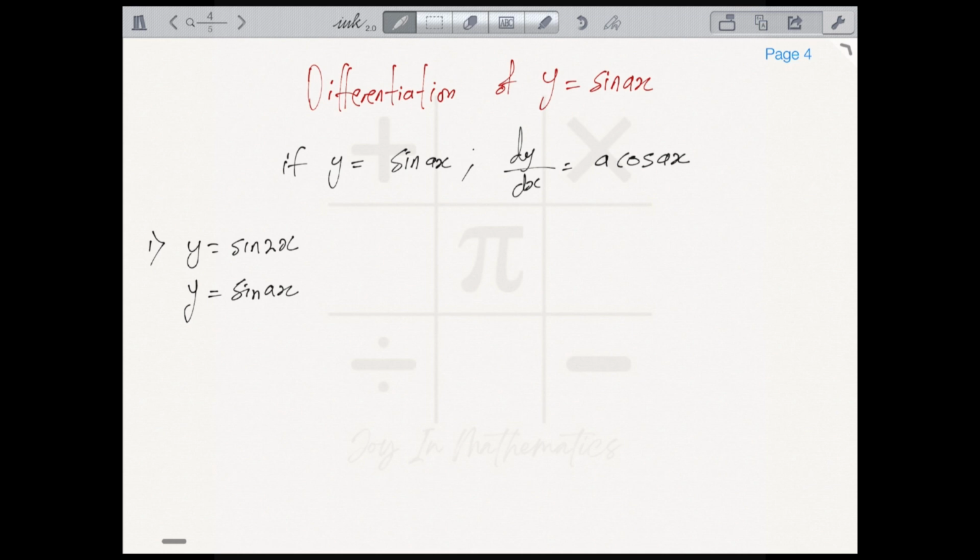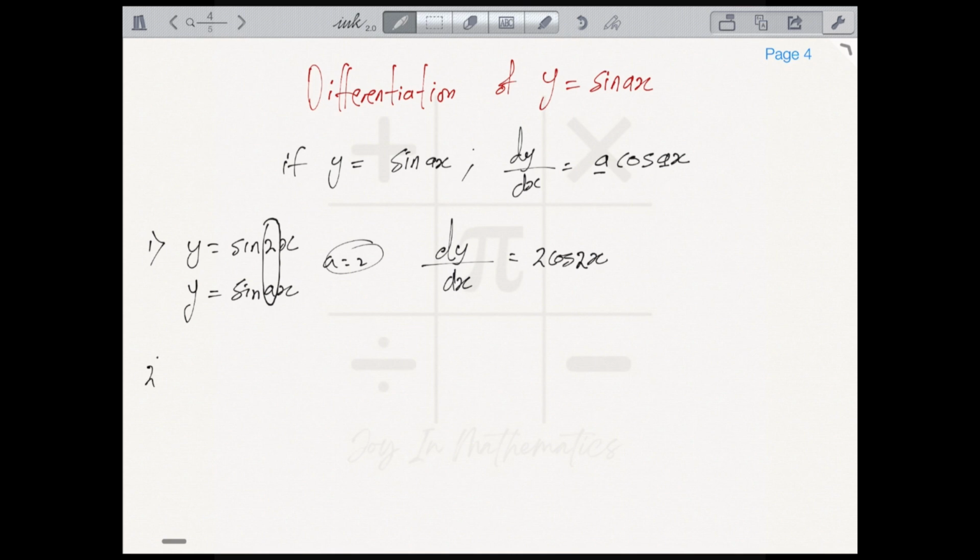When we compare it to sin ax, we have that a = 2. Therefore, our dy/dx in this format is a cos ax, and our a is 2, so cos 2x. Now it's as easy as that. We just have to know the principle and then apply it.